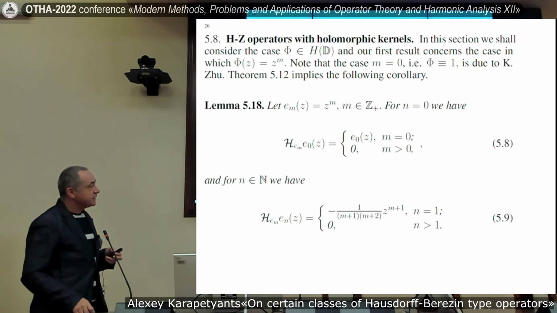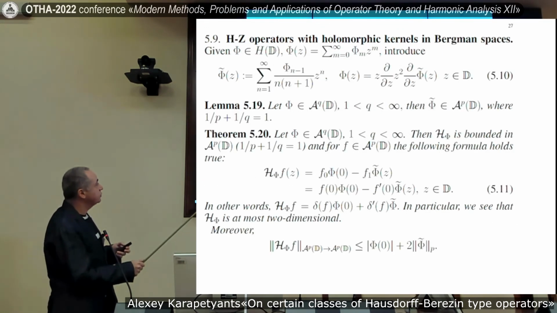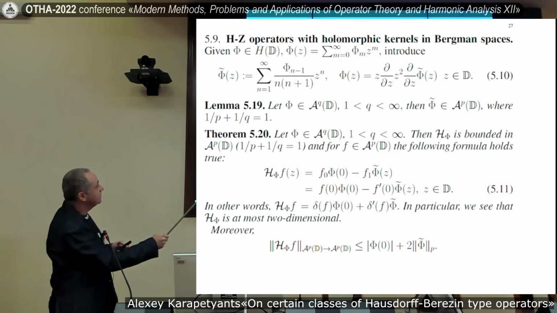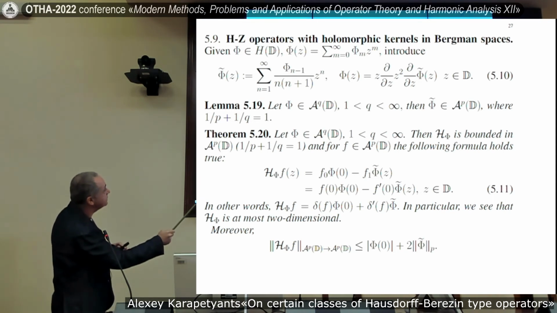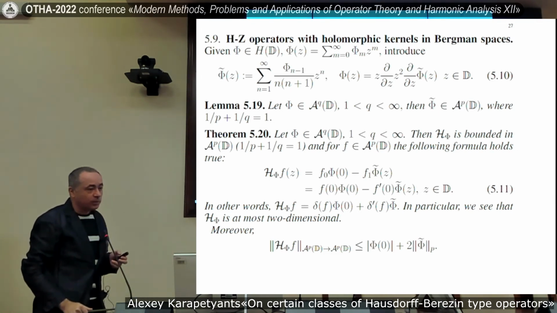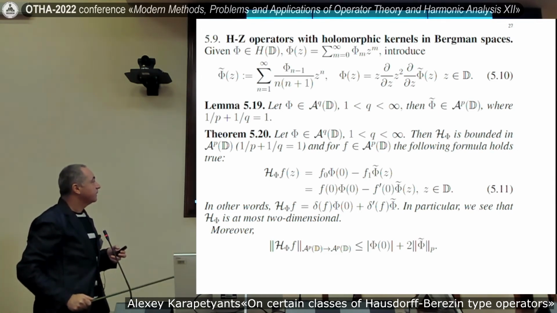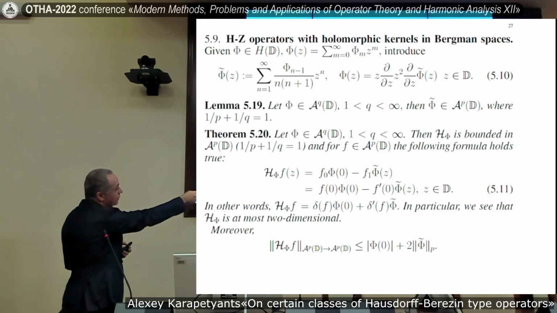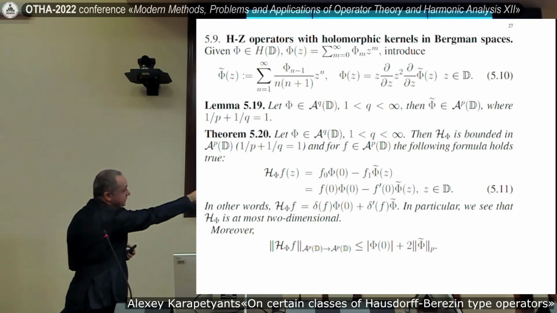Well, let's come back to just holomorphic kernels. As I said, this operator is two-dimensional. Maybe it's better just to go to the next slide. So even if you have this general kernel from Bergman space, your operator acts on a function f like this.